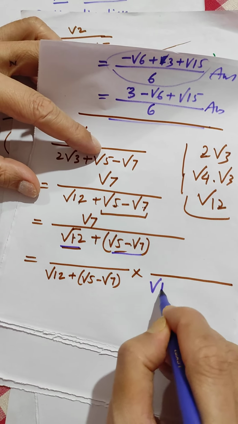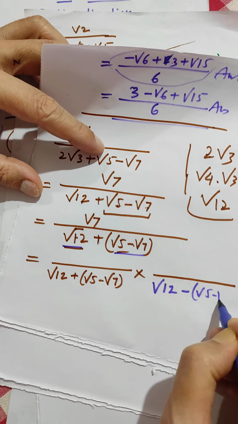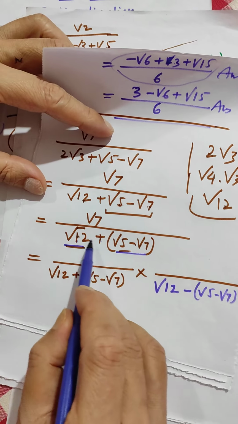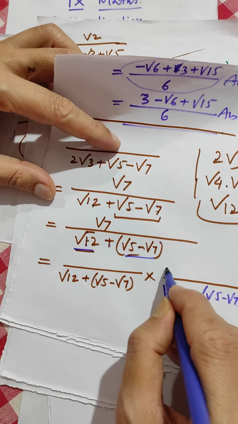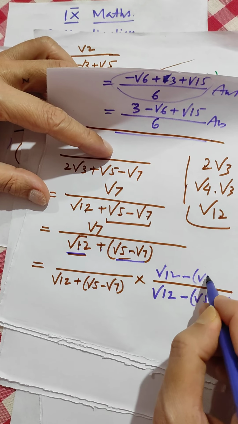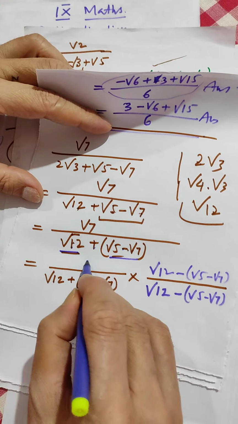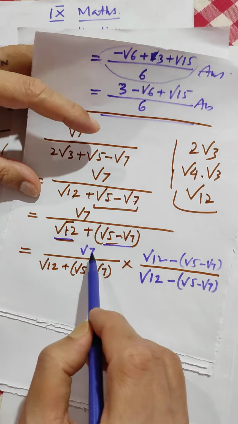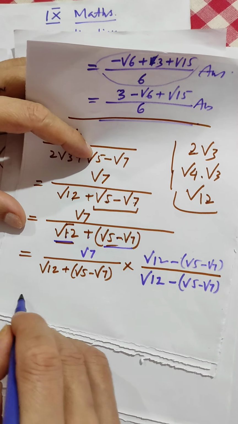That means we multiply by root 12 minus root 5 minus root 7. Okay. So a plus b multiply by a minus b. Then in numerator also the same thing, minus root 5 minus root 7. And this root 7 remains as it is. Root 7 as it is, numerator and denominator multiplied by this.